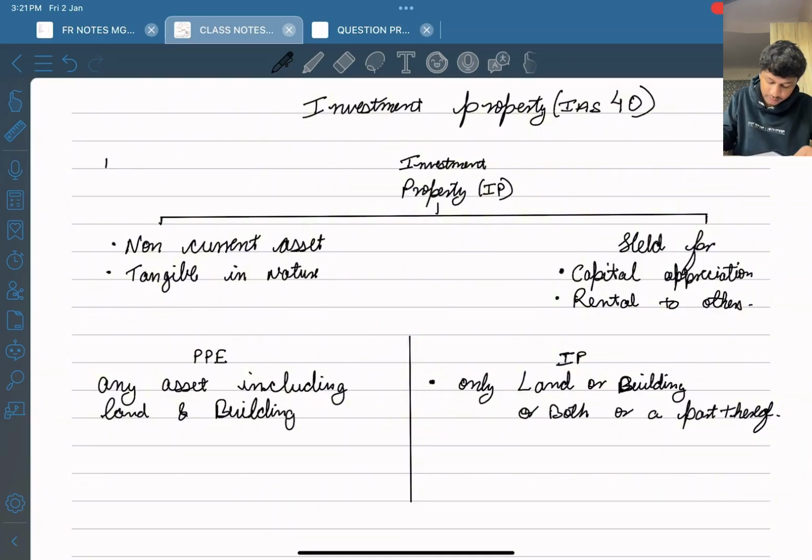So the question arises that if both of them include land and building, how to check whether the land and building is investment property or property, plant, and equipment?